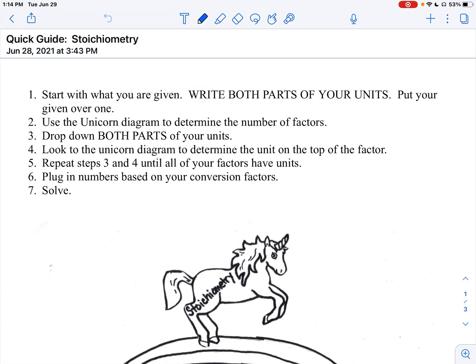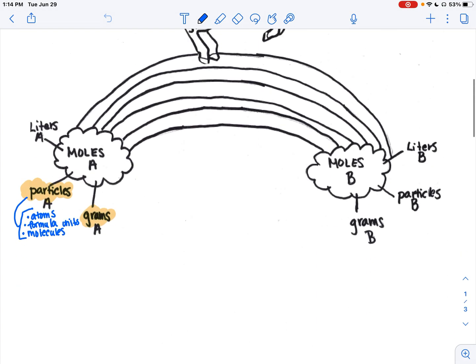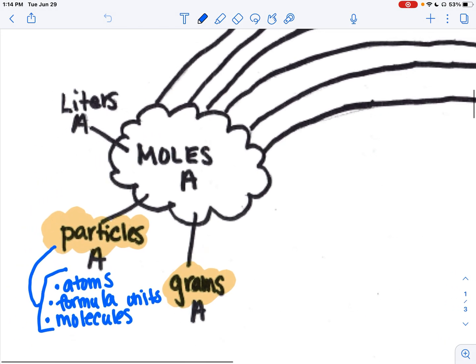So now, number 4, the unicorn diagram not only tells you the number of factors, it also tells you what units go on top of the factors. Because remember we said each unit gets a factor. The unit that's here goes on top of the factor, okay? So if our first one had grams on top, which it did because it was the given, the next place we went was moles.